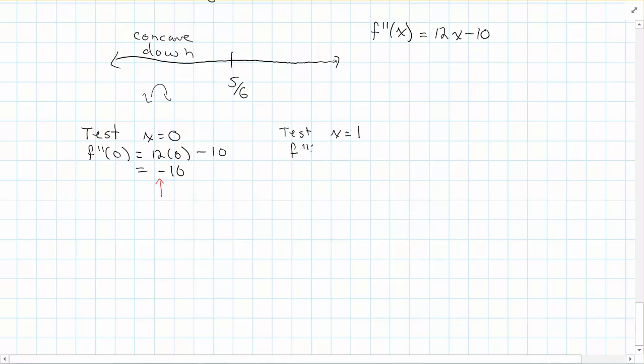So f double prime at 1 would equal 12 times 1 minus 10, which we can see, and I'm going to emphasize here, is positive 2. So that means we are concave up.